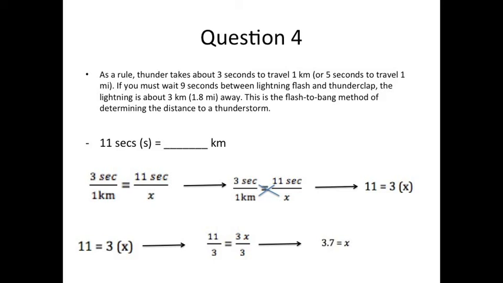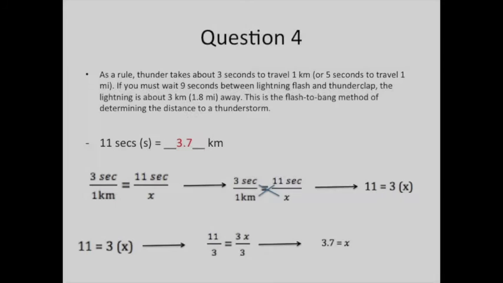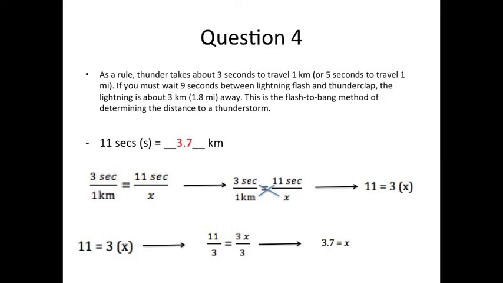So you get 11 equals 3x. You will then want to get the x by itself, so you divide both sides by 3. Eventually, that gives you your answer of x equals 3.7 kilometers. Therefore, your answer for this conversion is 3.7, which is 11 divided by 3.